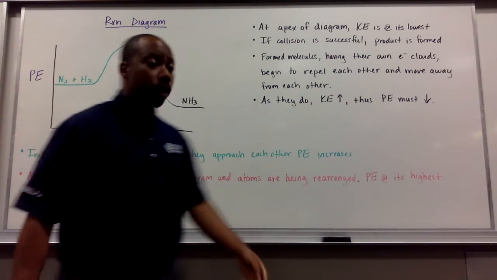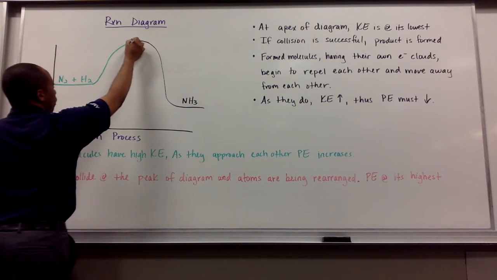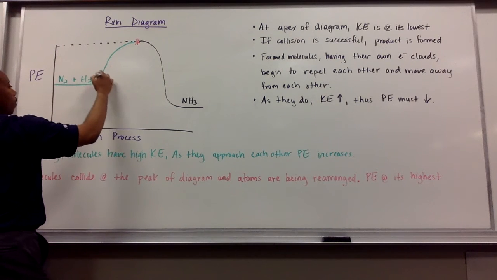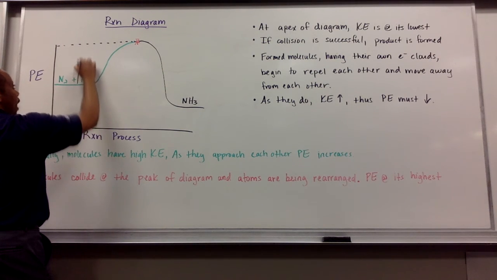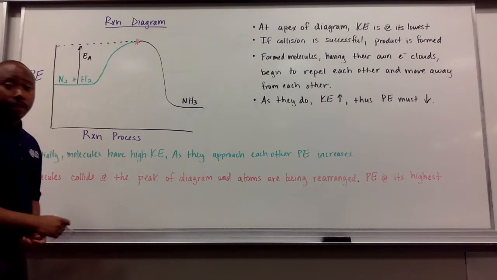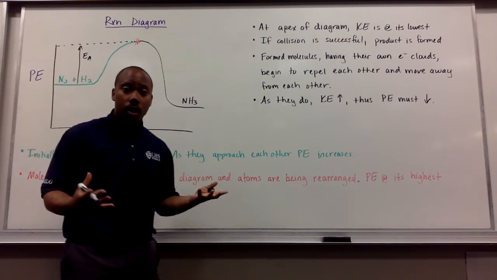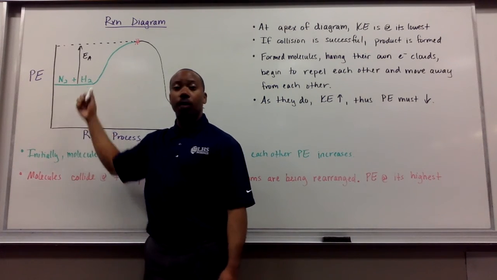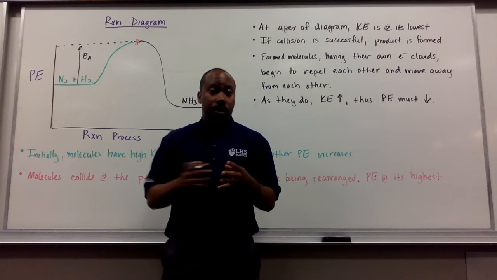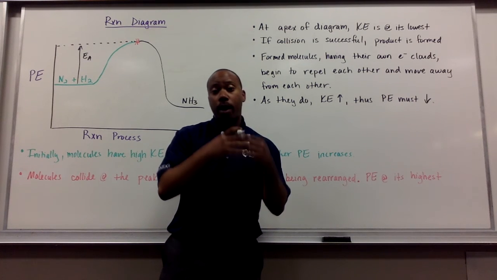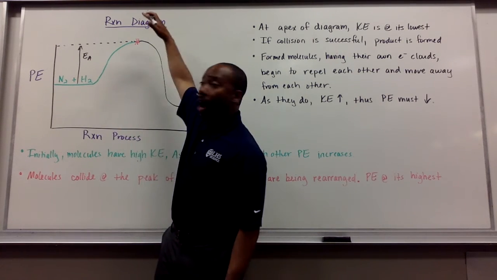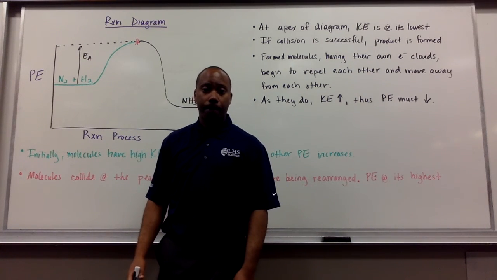Now, a few key points here. The highest point on that graph from the reactants up, in your last video, you defined that as your activation energy. This activation energy is going to change based on the molecules you have to begin with, based on the bonds that they have. If something has just single bonds, maybe it won't require as much energy. If there are triple bonds in a molecule, it might require more energy, so you have a higher peak there.